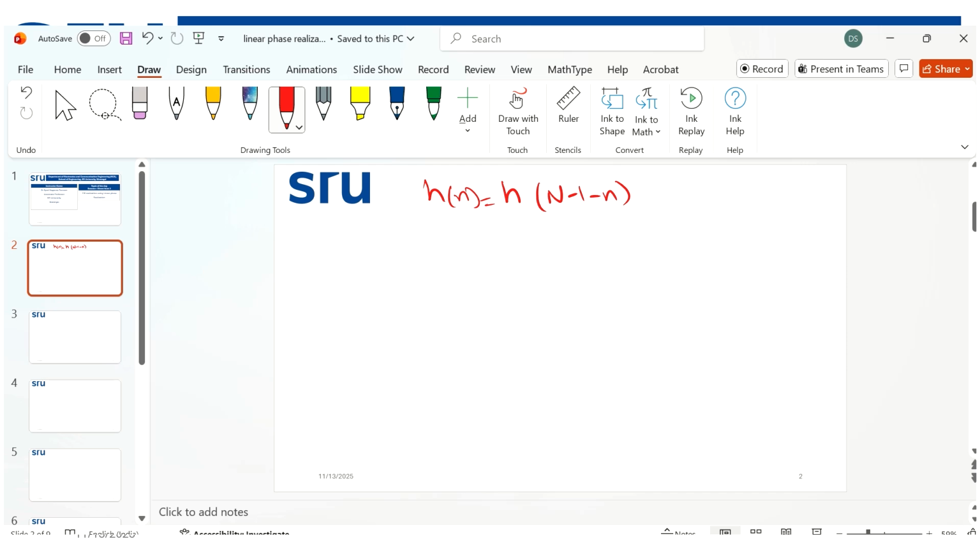This condition we will again learn about in terms of FIR filter designing. So remember this condition for finding the linear phase. Give it as equation number 1.